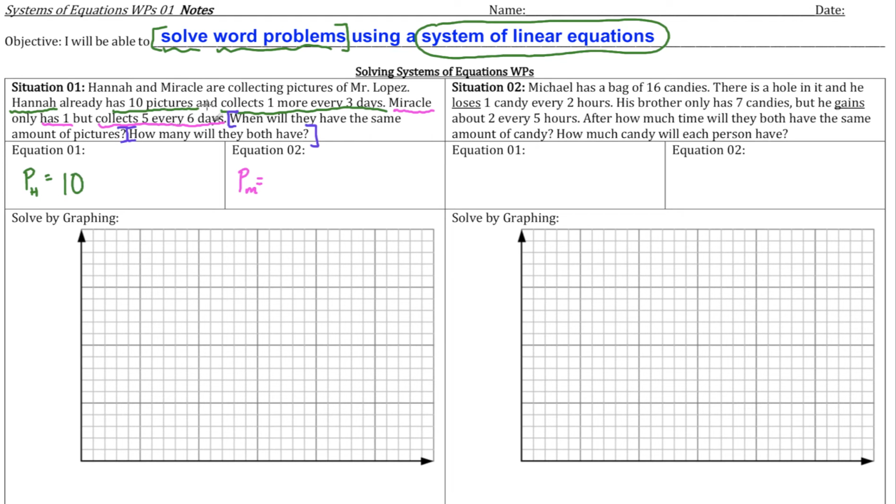And the number of pictures increases because she collects more. So she collects about 1 every 3 days. Or on average, 1/3 of a picture every day. Miracle, on the other hand, only has 1. But her collection grows by 5 pictures every 6 days. Or an average of 5/6 of a picture every day.